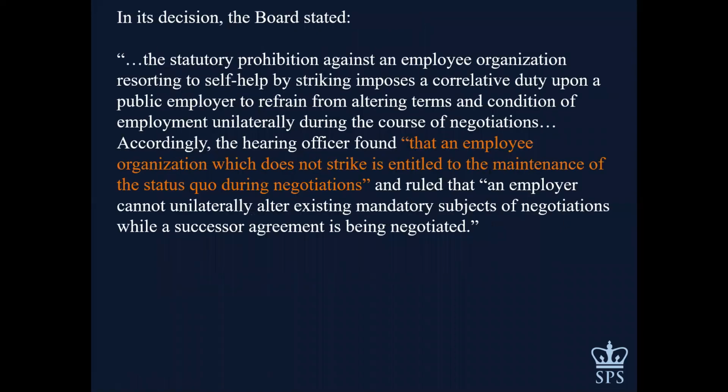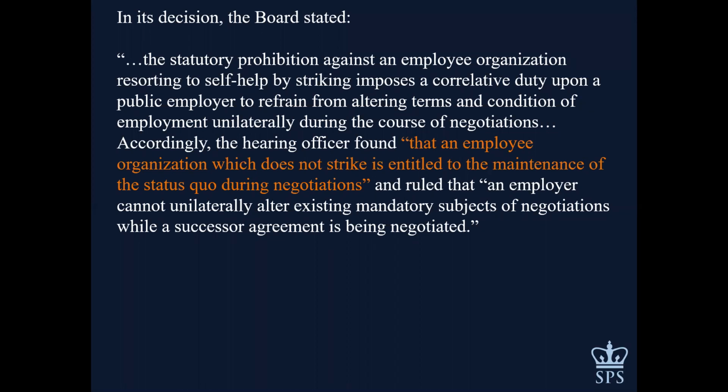Well, what did PERB say? PERB said that given that a public employee union gives up its right to strike, that imposes a correlative duty upon the public employer to refrain from altering the terms of the contract unilaterally during negotiations.